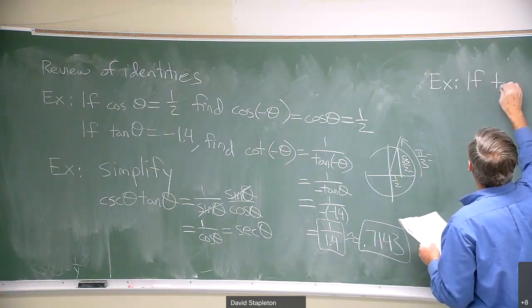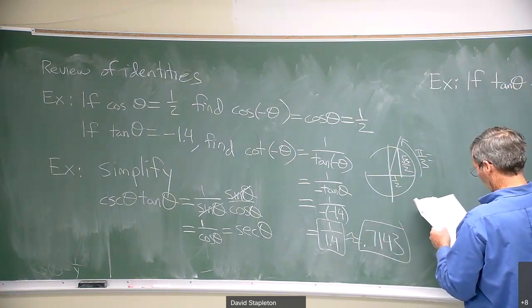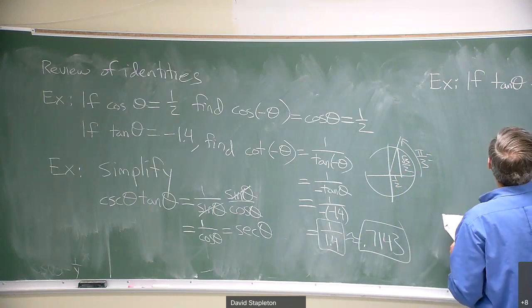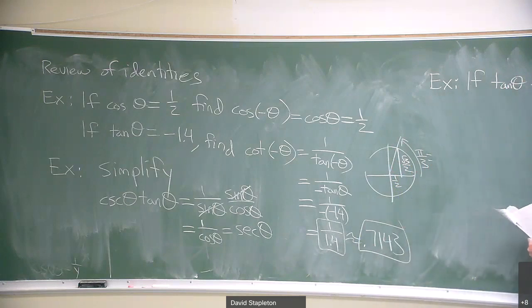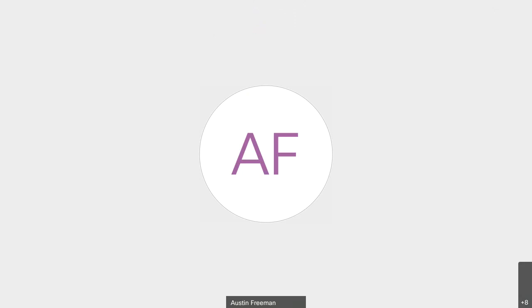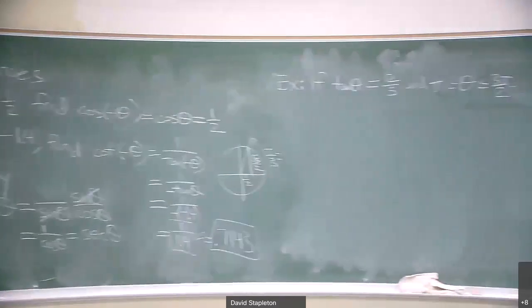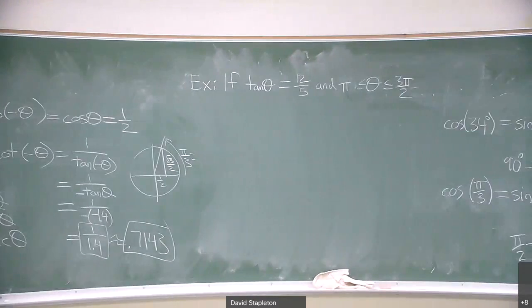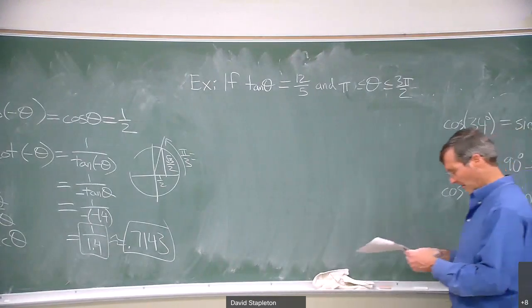If tangent theta is equal to 12/5 and theta is between pi and 3 pi over 2, find all the trig functions.